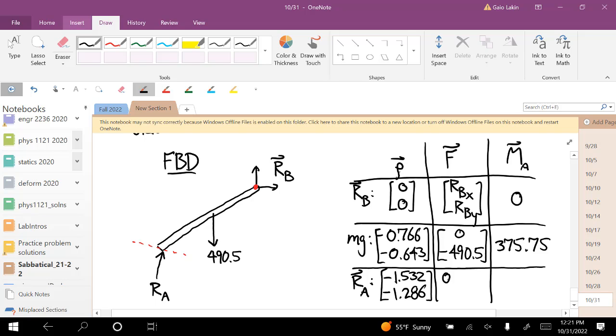The force vector is 0.174 RA, 0.985 RA. And the cross product is negative 1.2856 RA. I don't know why I kept so many decimal places.